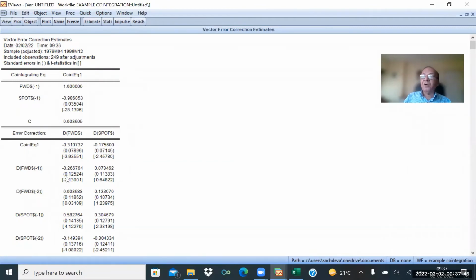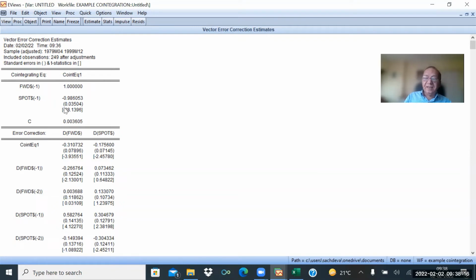Now, what are the coefficients of this? This one is cointegration. What are the variables? This variable is spot lag price, spot dollar lag price, and for this it is minus 9.98605, and it is statistically significant, minus 28.13, and there is a constant also. So this one is called the cointegrating equation.